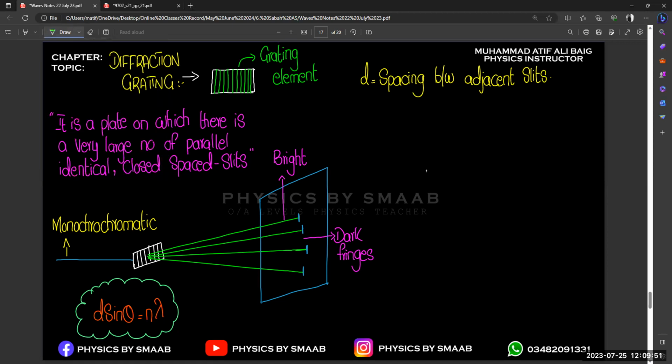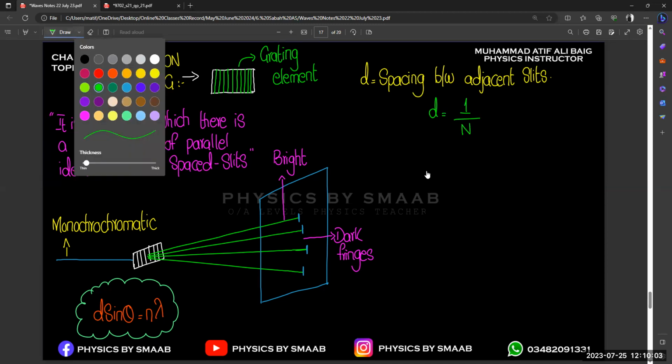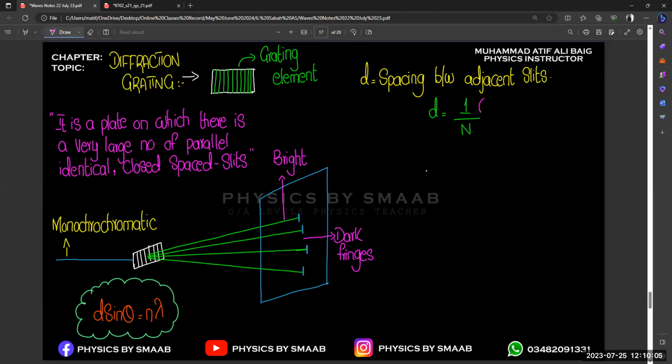So you just need to use this formula: d is equal to 1 over capital N. With 1, we write the unit that is given in the question, divided by the total number of lines. The unit may be millimeter, centimeter, or meter.